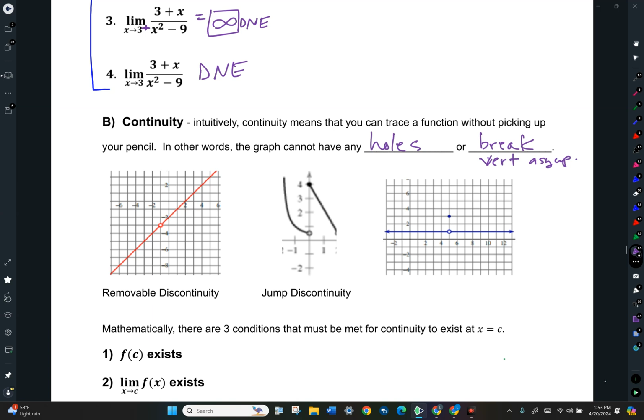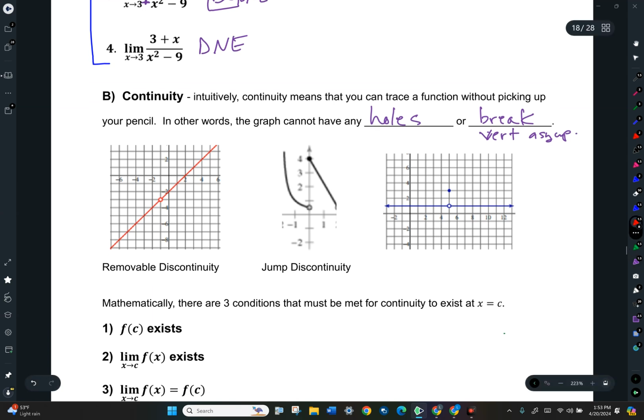Okay, so if I look at this first graph, I can tell there's a hole at -1. So that means this graph is not continuous at x equals -1. It seems like it's continuous everywhere else except at -1. Or I can look at the second graph.